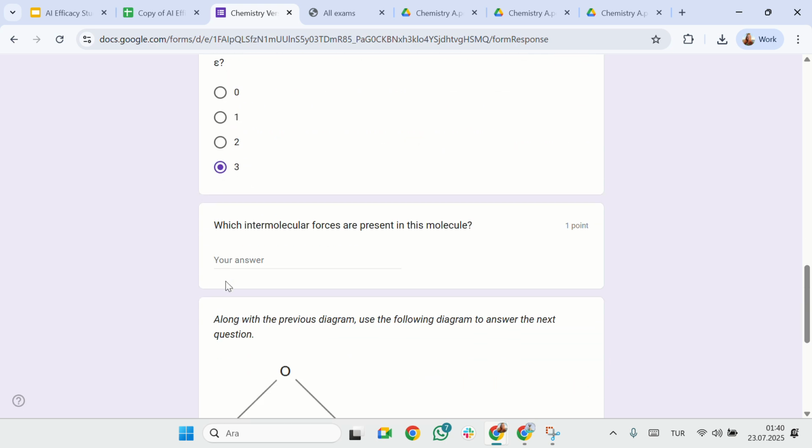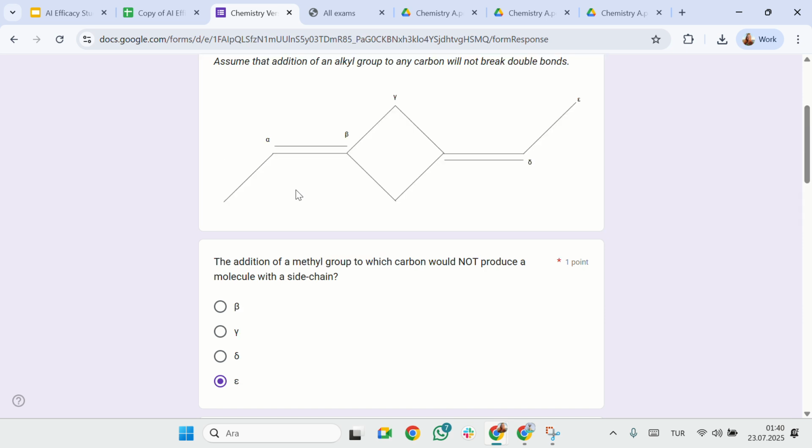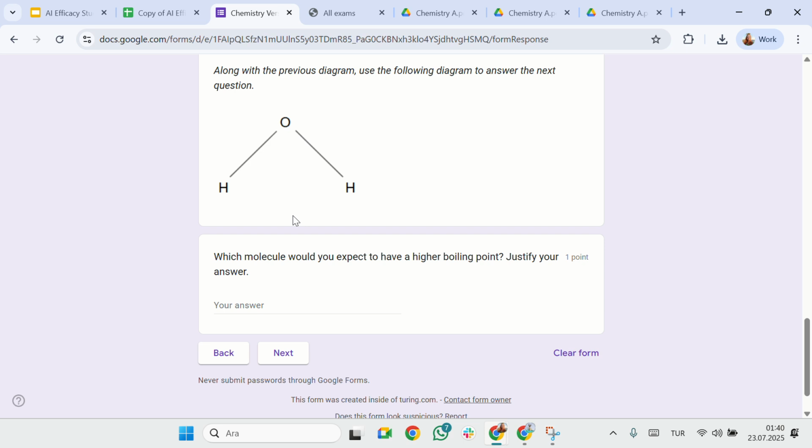Which intermolecular forces are present in this molecule? Let's see. Hydrogen bonding, I guess. Along with the previous diagram, use the following diagram to answer the next question. Which molecule would you expect to have a higher boiling point?